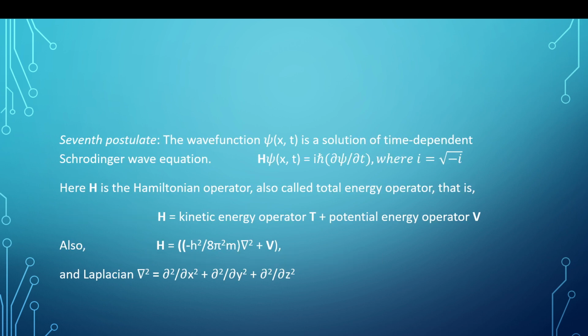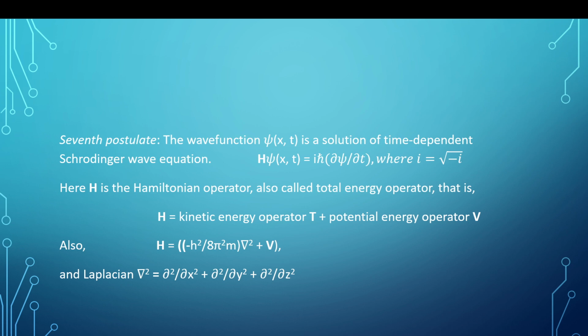Seventh postulate. The wave function psi(x,t) is the solution of the time-dependent Schrodinger equation: H psi(x,t) equals i h-cross d psi over dt, where i is the square root of minus 1.